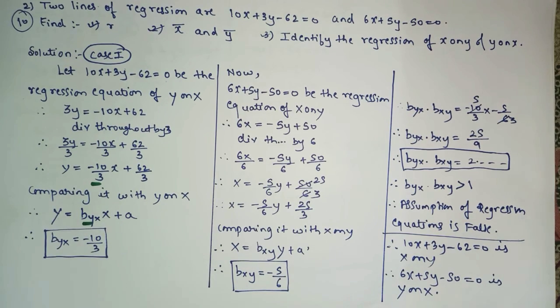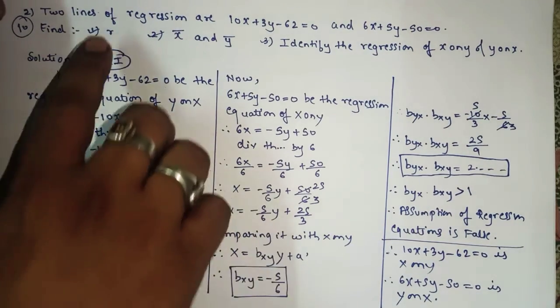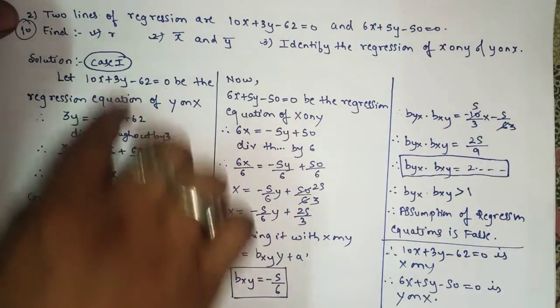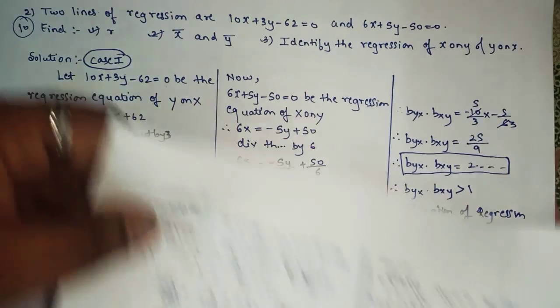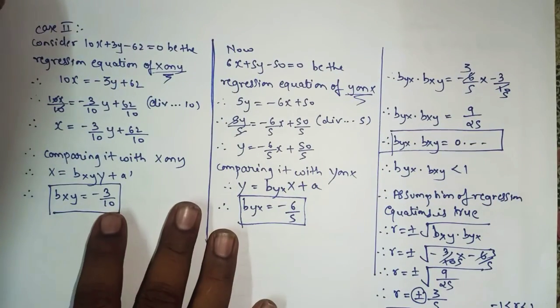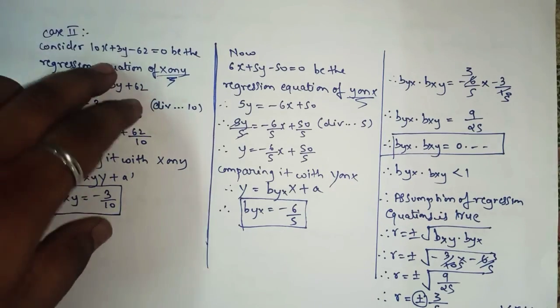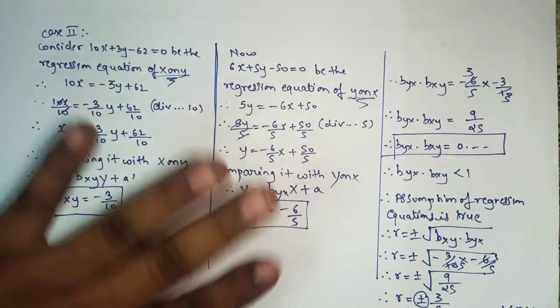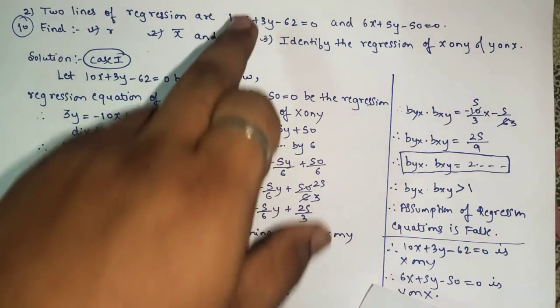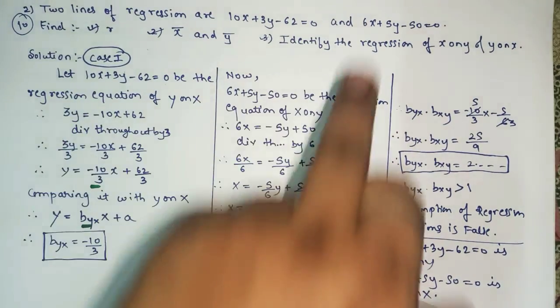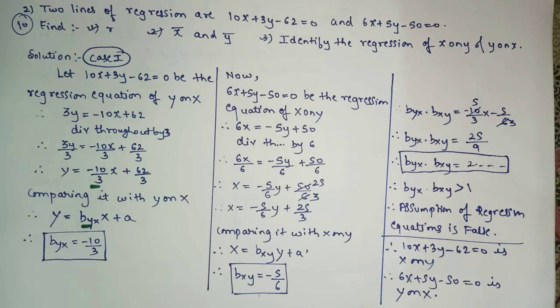I hope you all understood how to find the answer of R when case 1 fails, and then you have to solve the sum further, taking the first equation as y on x and the second as x on y, because as I told, for each and every sum you will consider the first equation as y on x and the second equation as x on y.